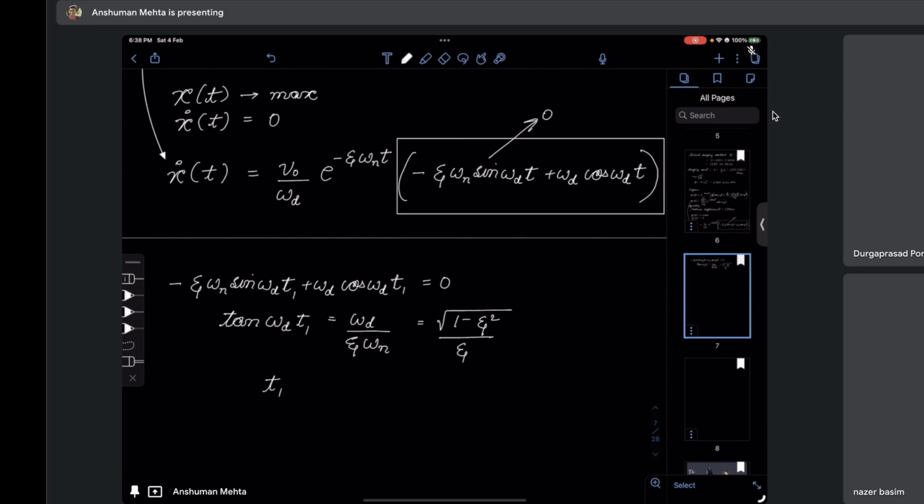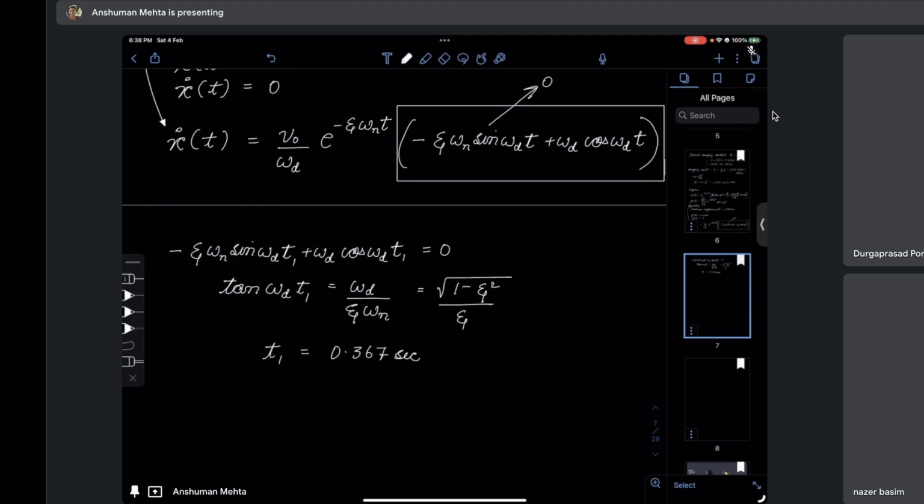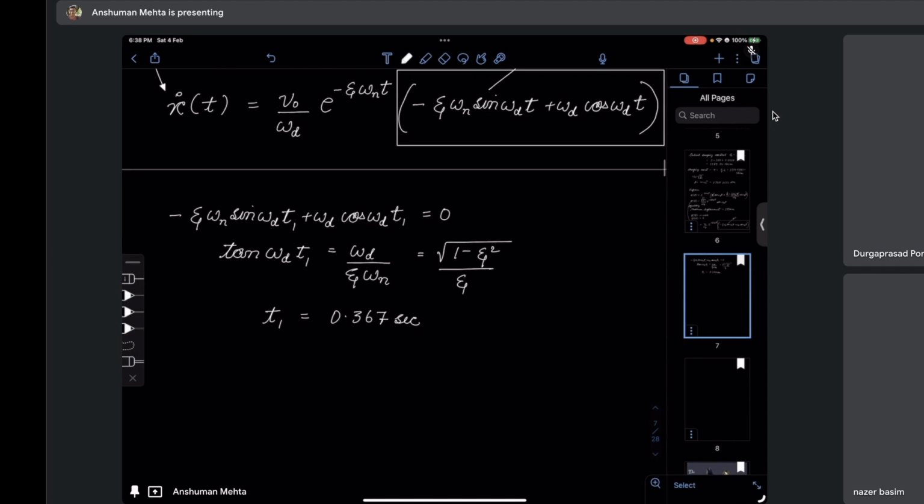So converting all t equal to t1, we get t1 is equal to 0.367 second by calculator. So at this time we will get the maximum displacement, which is equal to 250 mm. So in the displacement term, if we put t equal to t1, we can get the value of v naught.